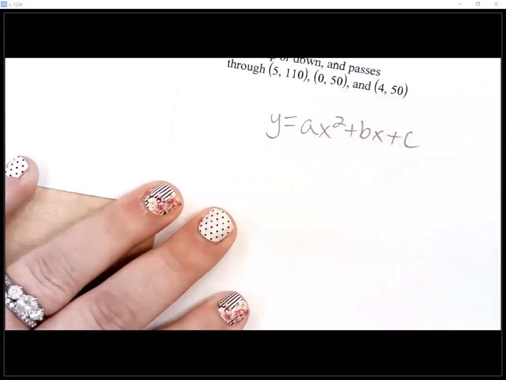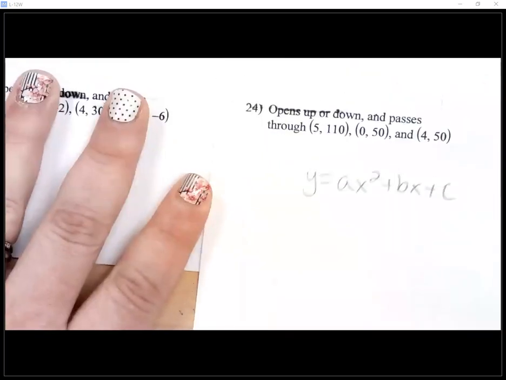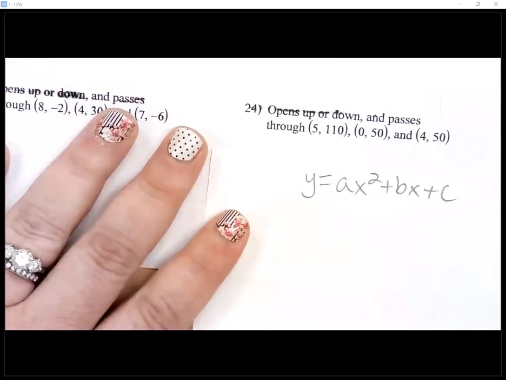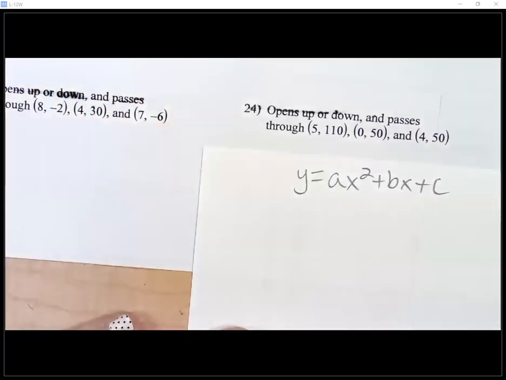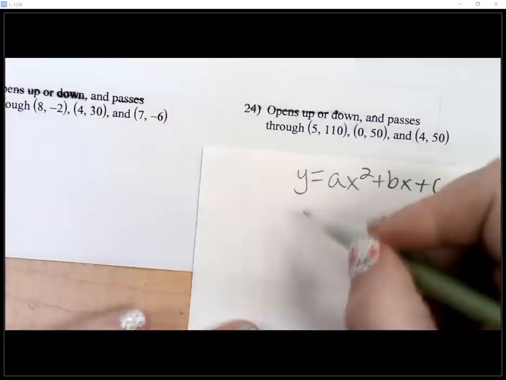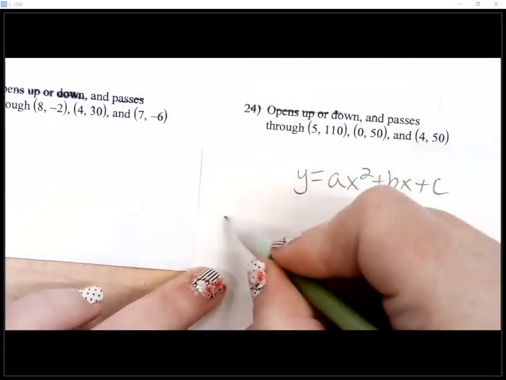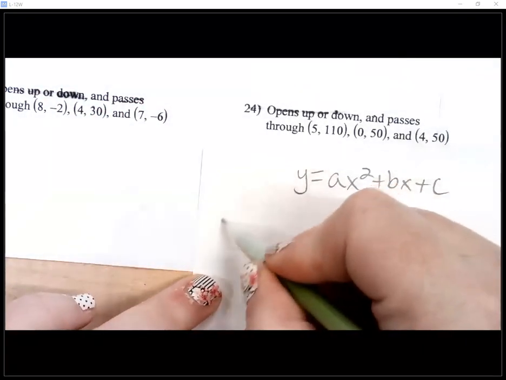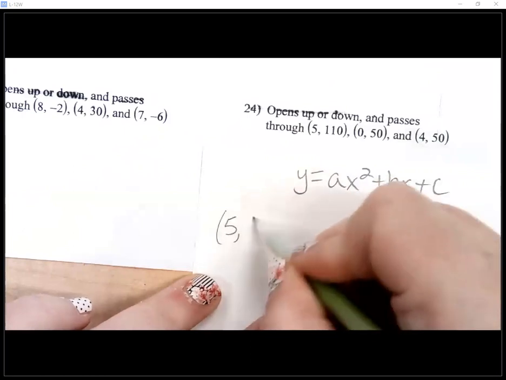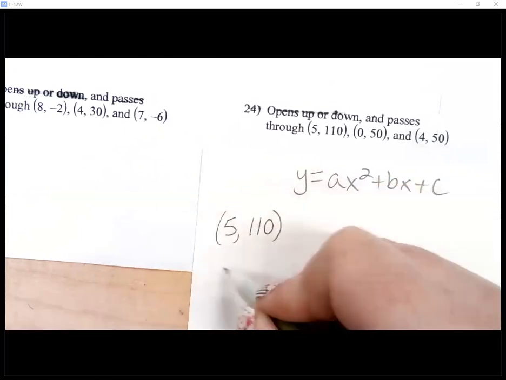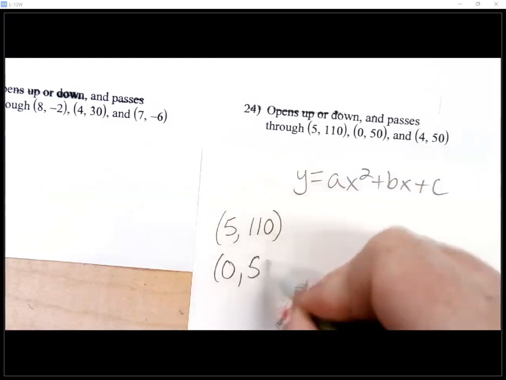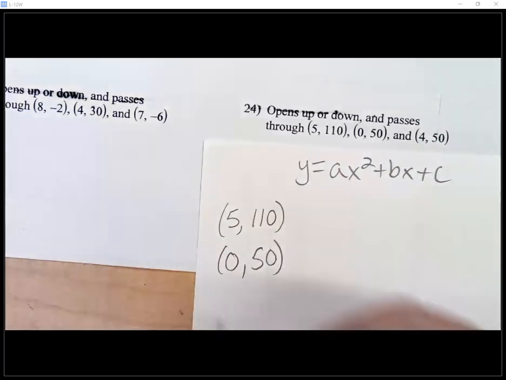I'm going to take each of these 3 points and create an equation from them. So let's see. Ooh, that's a big number. That's okay. So my first one is 5, 110. Then I have 0, 50. That 0 might work out to our benefit though. 450.